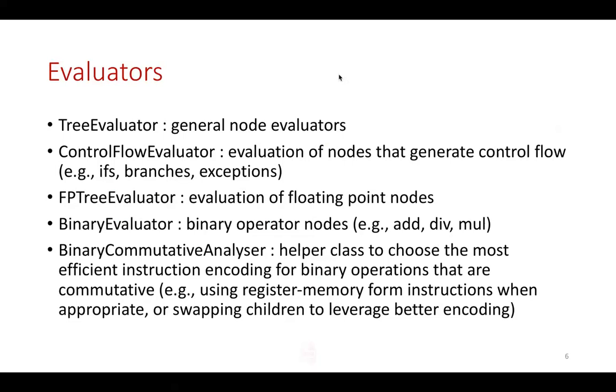So it understands that I don't have to load this particular parameter because I have a register memory form, and this is the only reference of that load, so I know I don't need to put it into a register, and I can use the register memory form directly. Or it knows that there's actually a reverse form of this instruction, so I can reverse the children because it's a commutative operation, and I'll get better encoding that way. So depending on the architecture, there are lots of things that can happen in here as well. We'll have to look into encoding something like that too.